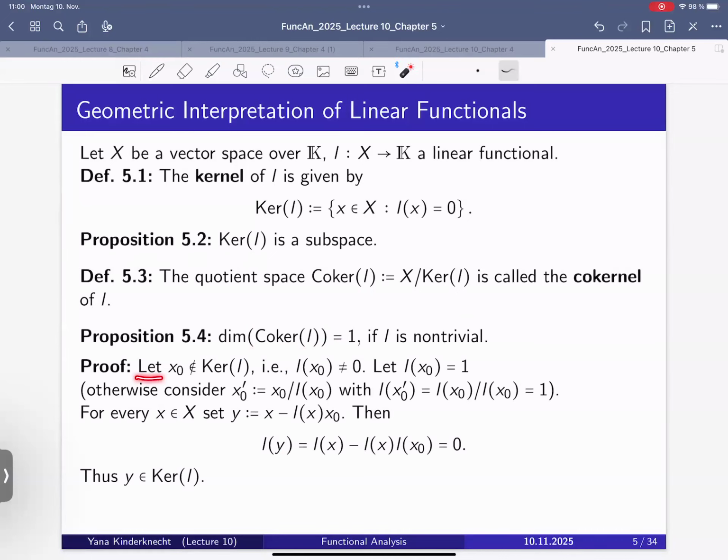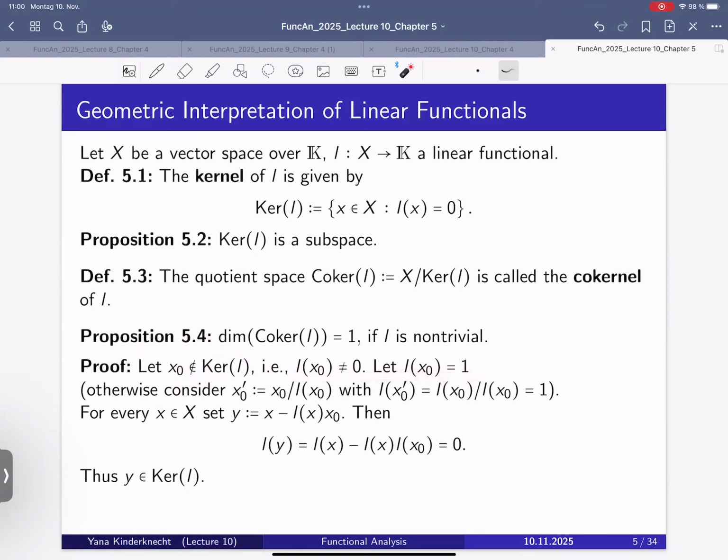Let x0 not be an element of the kernel of L. Since L is non-trivial, there exists at least one x0 such that L of x0 is not equal to 0, so x0 is not an element of the kernel of L. So assume that L of x0 is equal to 1.